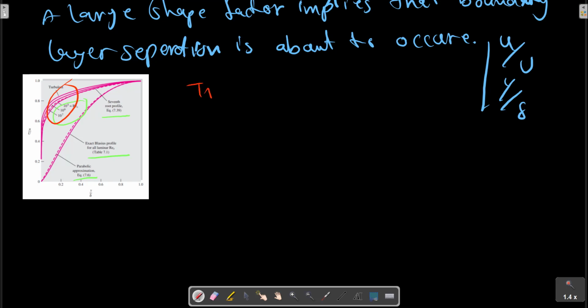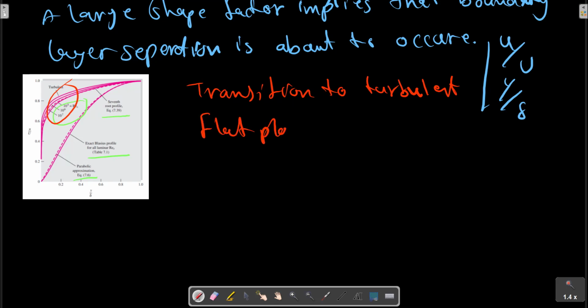Transition to turbulent flow for a flat plate. The laminar flat plate boundary layer eventually becomes turbulent, but there is no unique value for this change to occur.